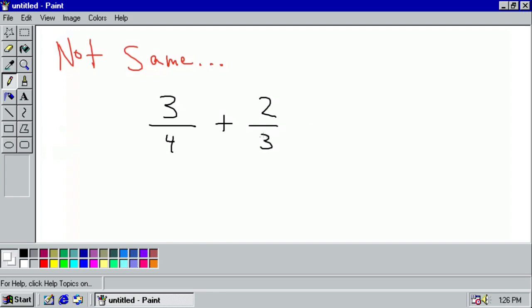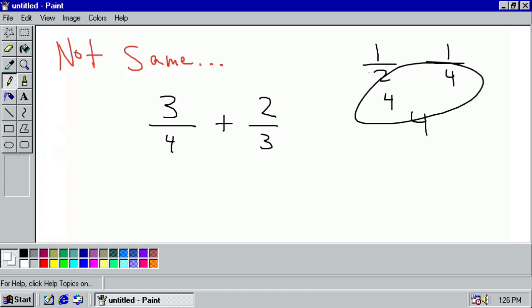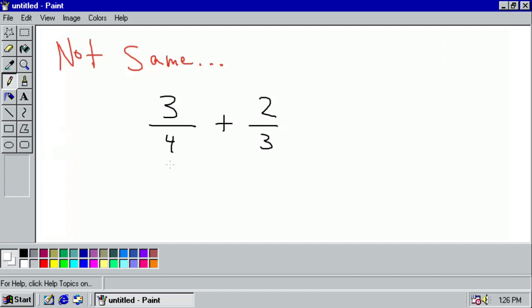For example, we have 1/2 and 1/4. Their least common denominator will be 4, since 2 goes into 4. So as you can see, they are the same. Like here, we're going to list multiples of 4, like 8, 12, and let's add multiples of 3: 6, 9, 12, until you have the same multiple.